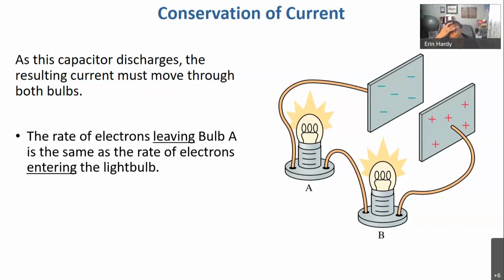So we wouldn't expect to get a constant current, and we wouldn't expect that the resistance in this circuit would read as a constant, because the delta V between the plates of the capacitor would be trending towards zero.